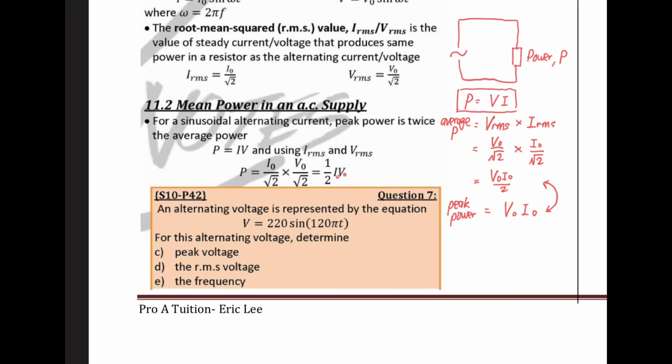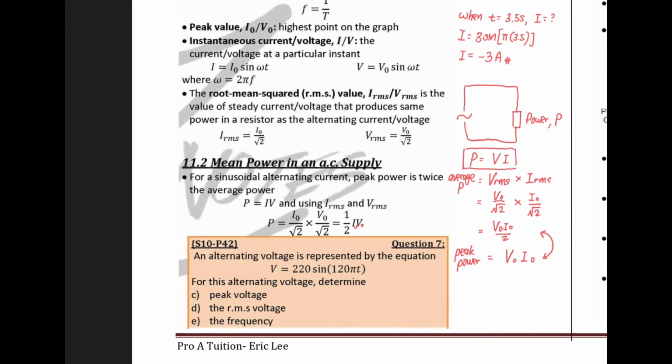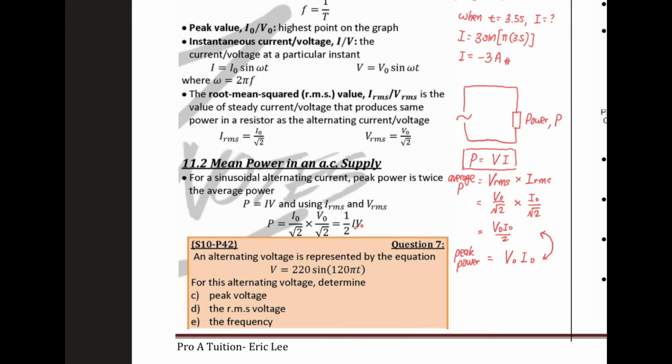Now let's see one question here. An alternating voltage is represented by the equation V equal to that value. For this alternating voltage, determine the peak voltage. The peak voltage is the front part, 220.